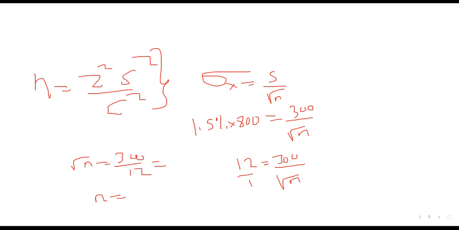So the square root of n is 25, meaning to remove the square root we square both sides. So n is what? 625. So this is the number that we need. All right, is that clear?